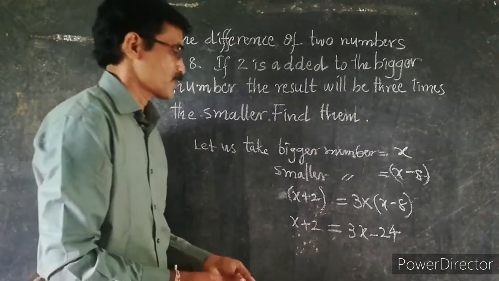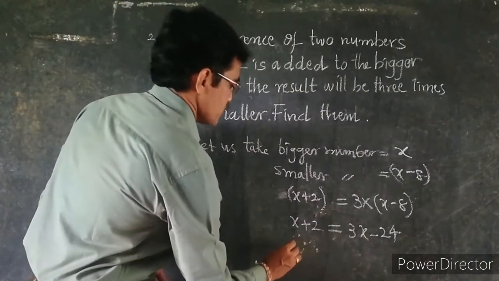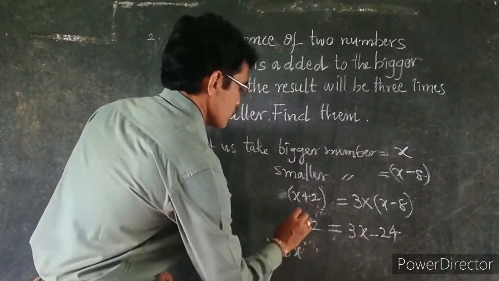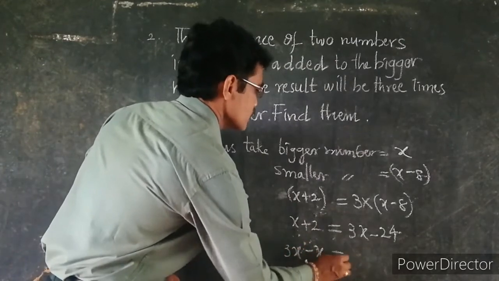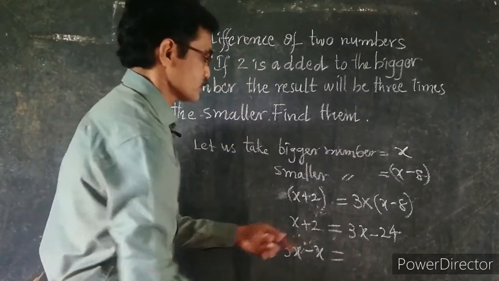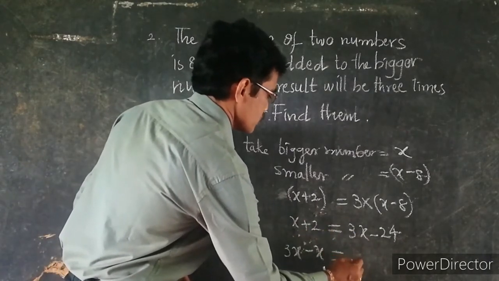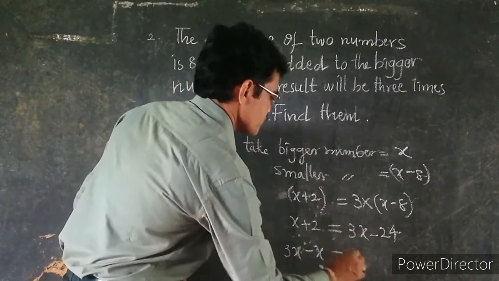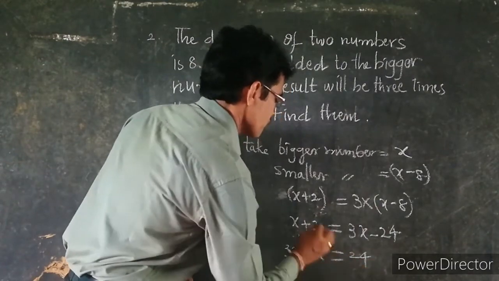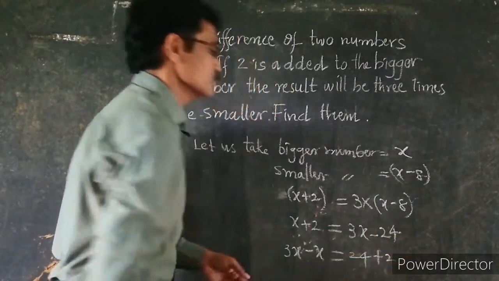So I am transposing: 3x minus x is equal to, minus 24 becomes plus 24, plus 2.